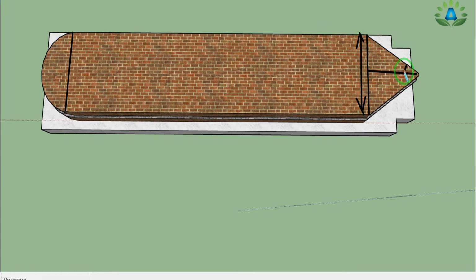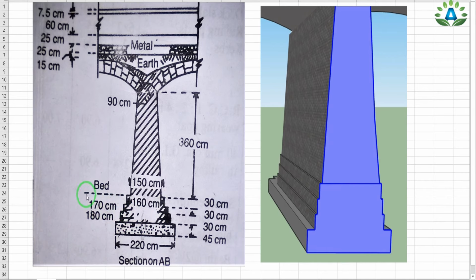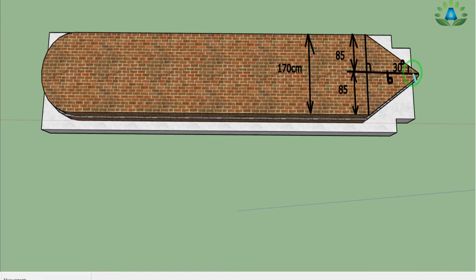And we have this angle 30 degree from this side, and here also 30 degree from this side. So we can use the simple formula for the trigonometric relation, and we know that the width of this second footing is 170 centimeter from our section on AB. So the width of this footing is 170 centimeter, and this is our midpoint.